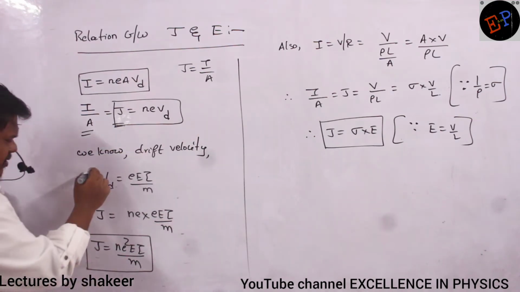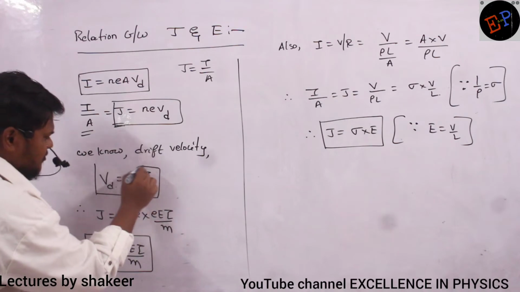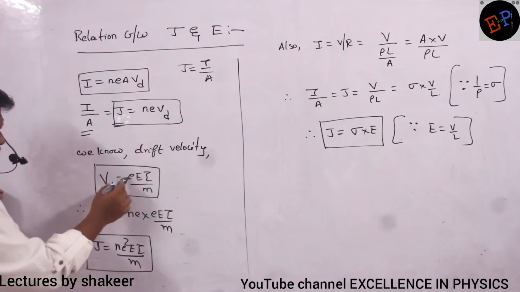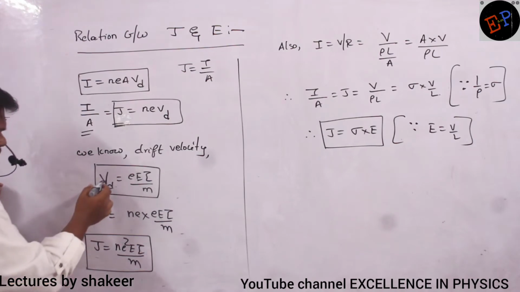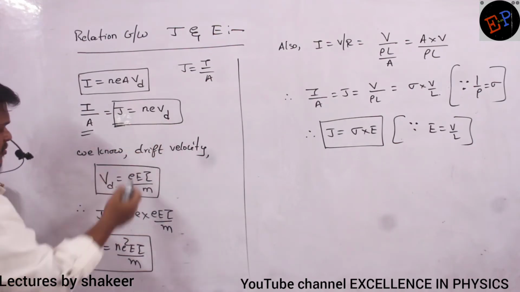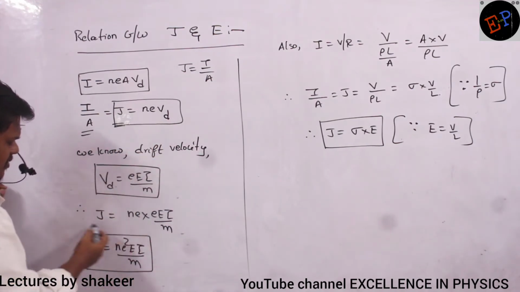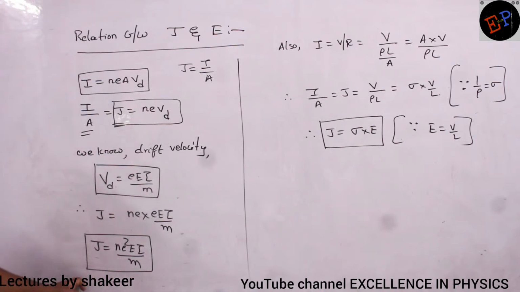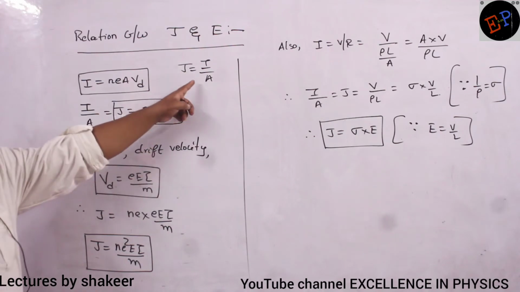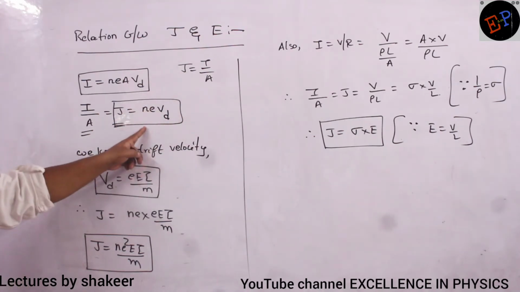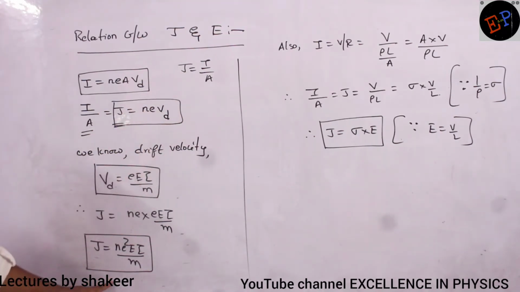Now, yesterday we derived the relation of drift velocity, e tau divided by m. So take this drift velocity and substitute in this equation. I will get one more equation for J, current density. So how many equations have we derived? First equation, second equation, and this is the third equation.